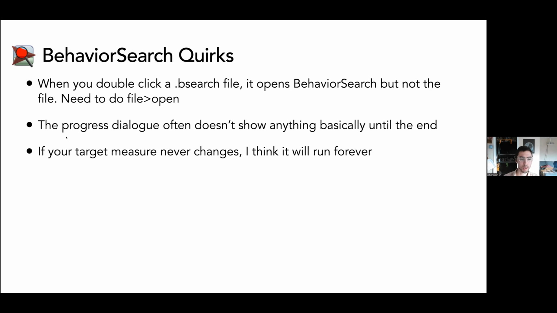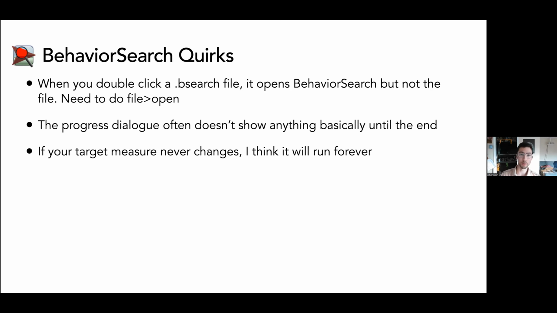And then the other thing, I'm not positive about this because I didn't wait forever. But if your target measure never changes, I think this will just run forever. So you have to make sure that your target will actually change. For me, what I was trying to do is, if you just have wolves and sheep and the grass never gets diminished, like the grass is just always there and sheep can keep eating it, the default model settings lead to extinction of the wolves.